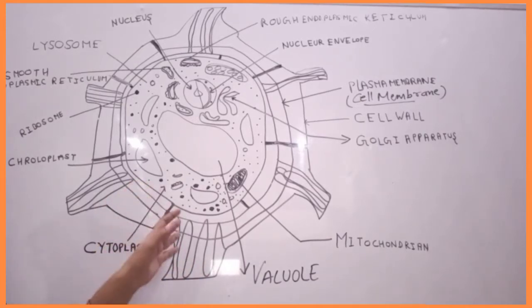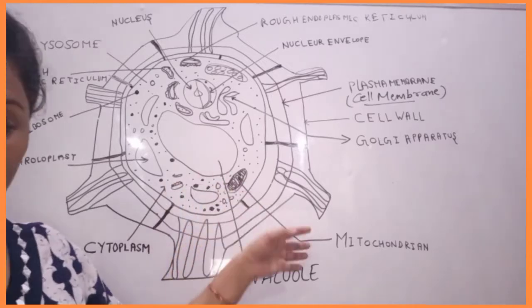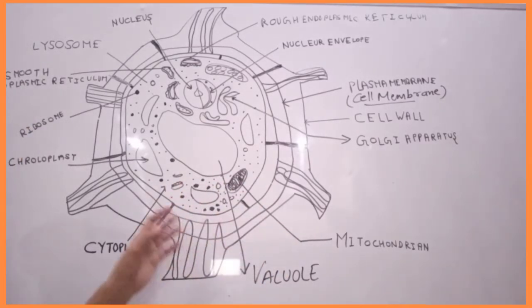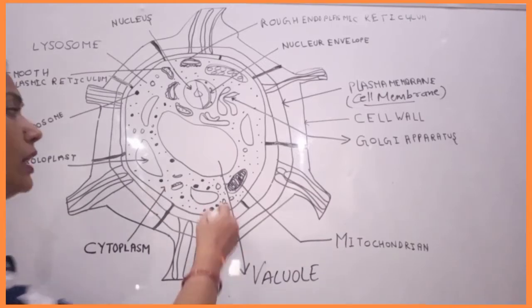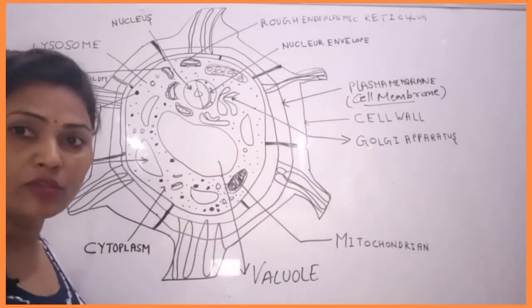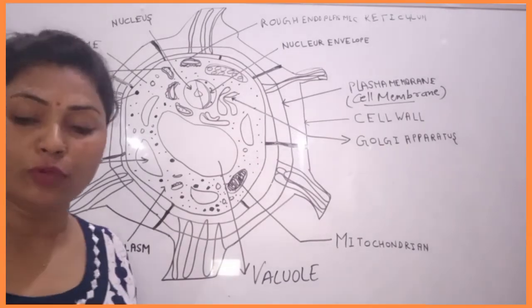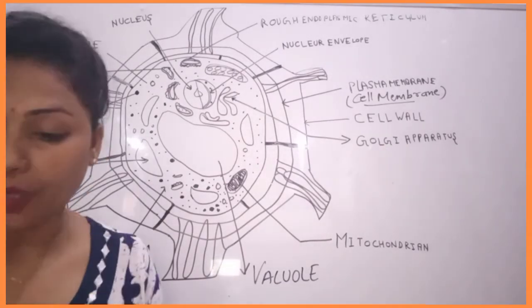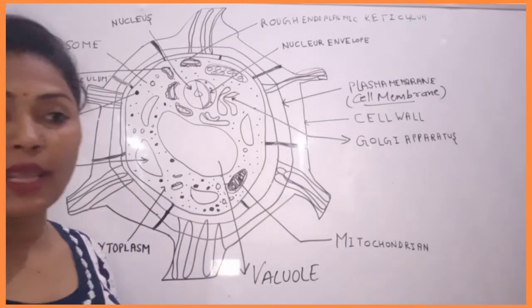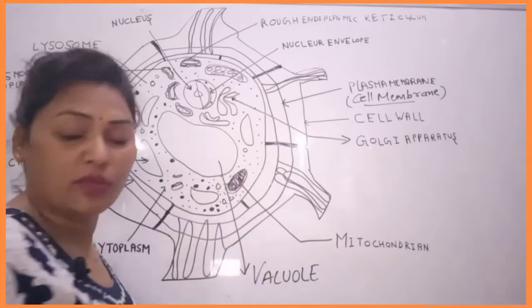If there is excess water, it helps to expel it, and food, pigments and waste products are stored in the vacuoles. So vacuoles may store excess water, food, or pigments and waste products.